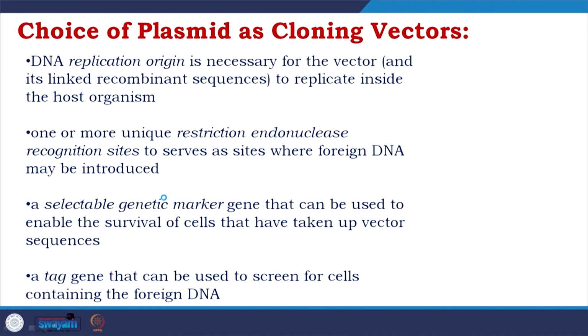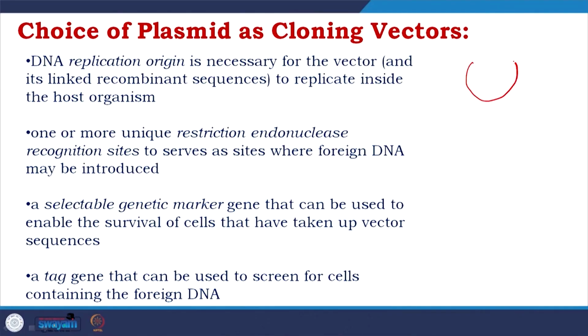So, the marker helps you to differentiate between wild type and the vector, but then when you have the clone, what I mean by clone is, you have the vector, you cut the vector, so you make a staggered cut. So, here is the staggered cut and here is the staggered cut. Your gene also has the staggered ends.